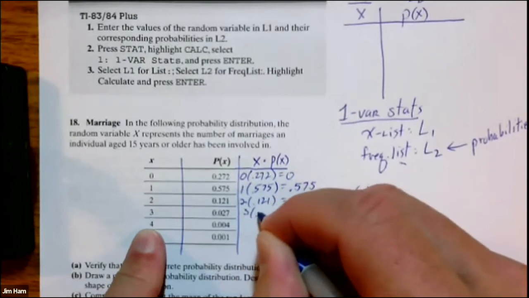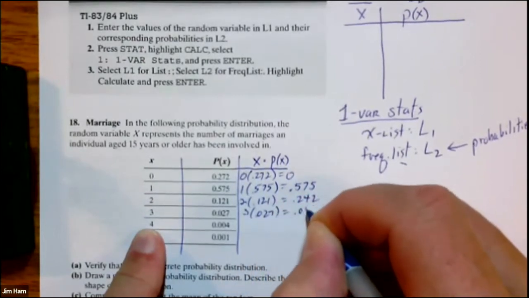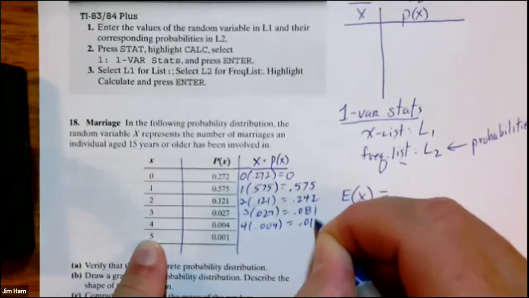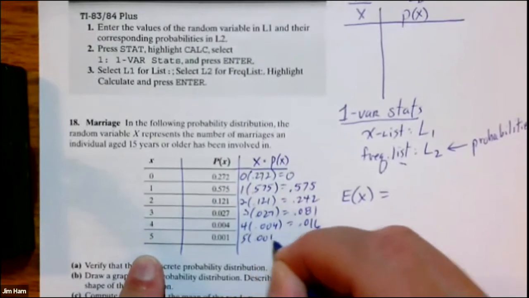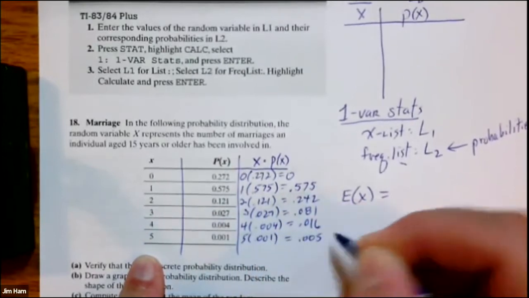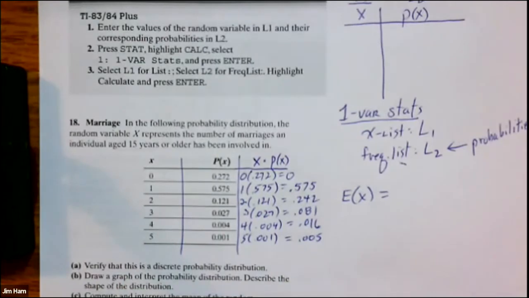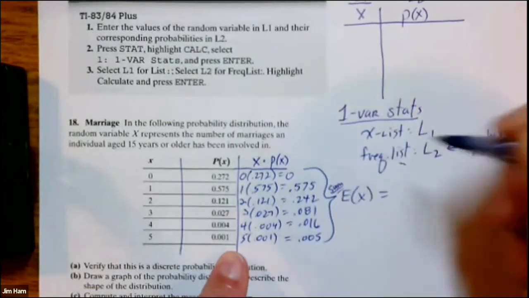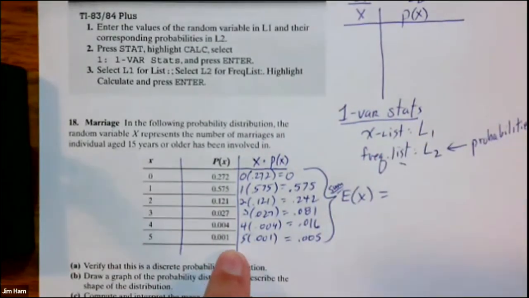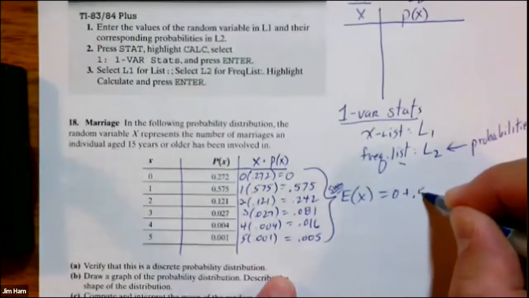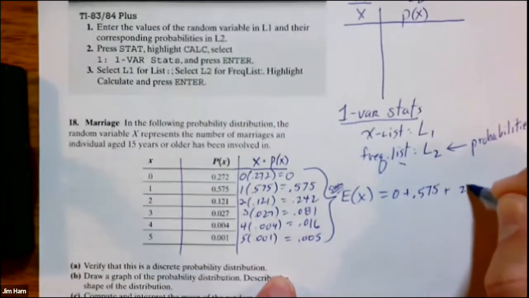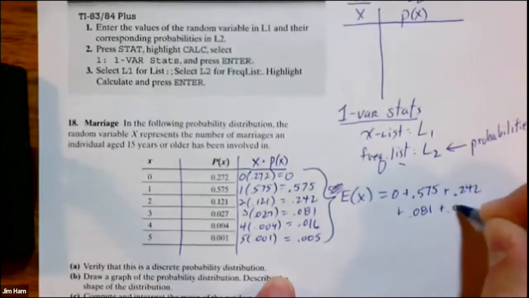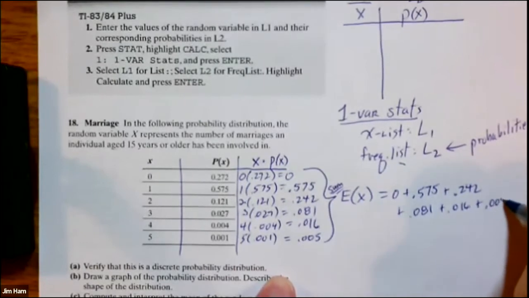And then 3 times 0.027. And then 4 times 0.004. And then 5 times 0.001. And then we're going to sum up all of those numbers. 0 plus 0.575 plus 0.242 plus 0.081 plus 0.016 plus 0.005.